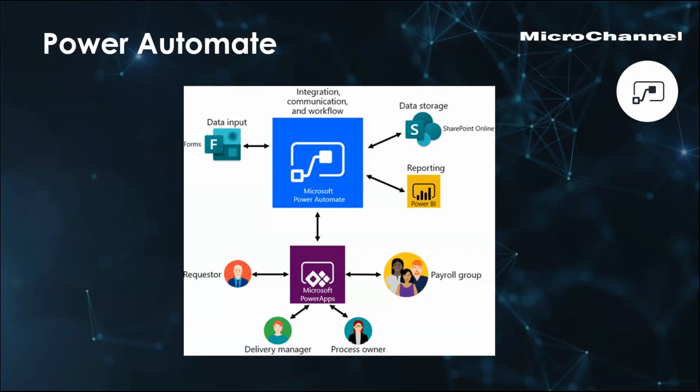We might have a Flow connector built into Power BI to display the reporting around those forms being filled in. And we might also integrate and use Power Automate to connect into Power Apps to send information through to something like Dynamics 365 and the Common Data Service to some stakeholders in a process that we might be using.